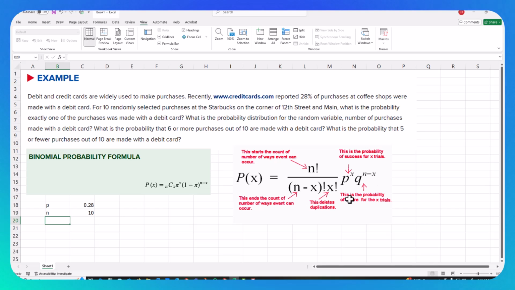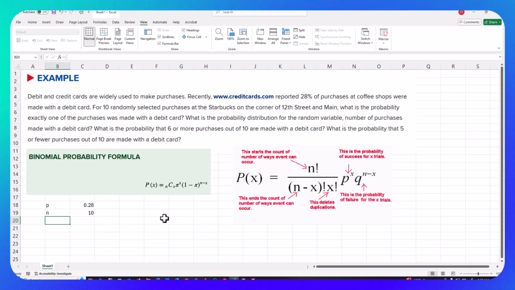I kind of like this look over here. This first piece, the fraction, is the combination. Remember, the factorial symbol just means to multiply from that number all the way to 1. And then P is the probability of success, X the number of successes, Q the probability of failure, which again is 1 minus P. I just find this way better.